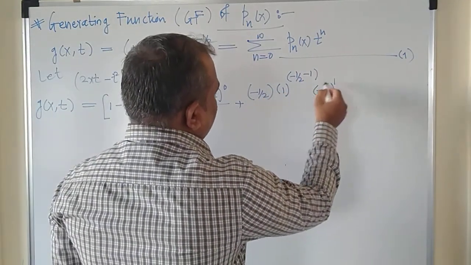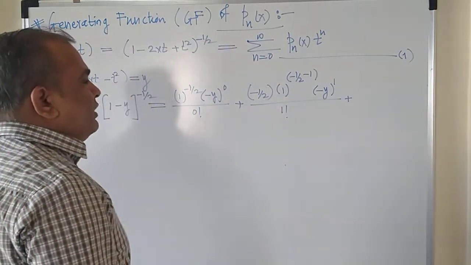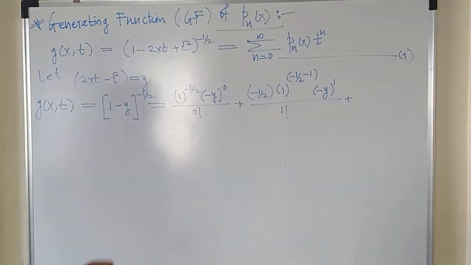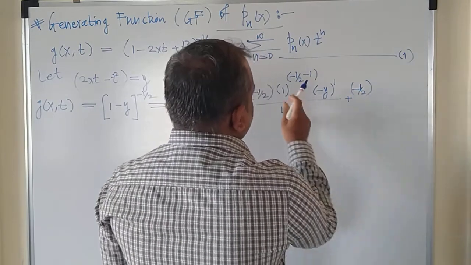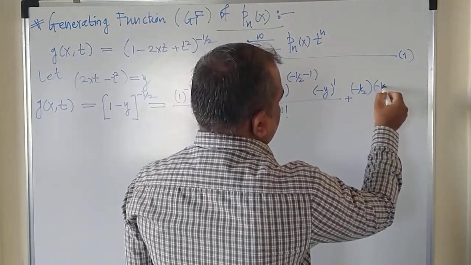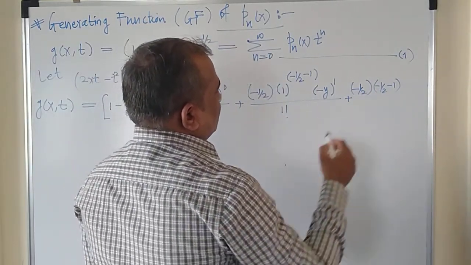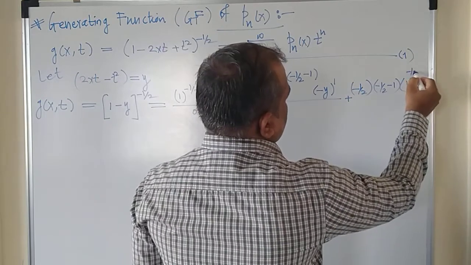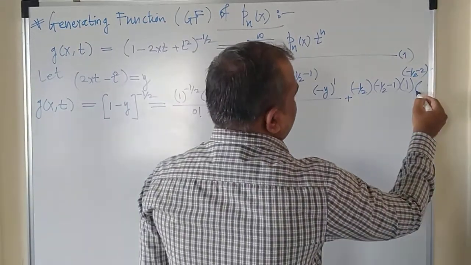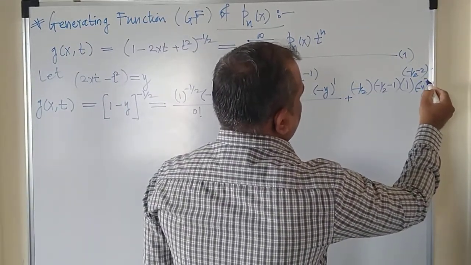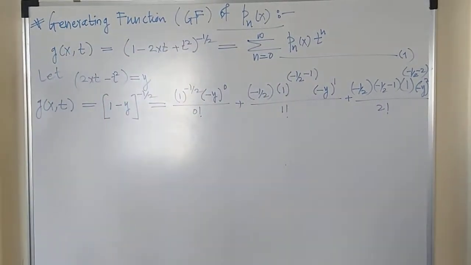b raised to power 1 upon 1 factorial, plus let's write one more term, and the next terms you need not calculate. N into n minus 1, a raised to n minus 2 and b raised to power 2 upon 2 factorial, isn't it?